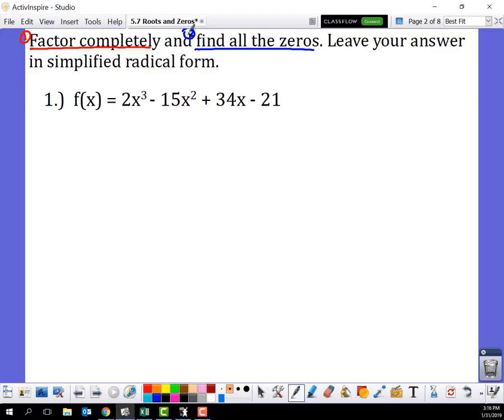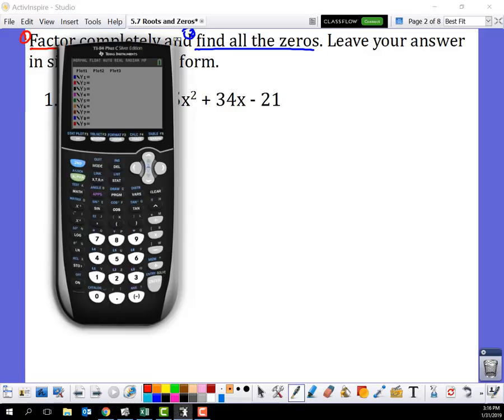The very first thing that you're going to do here is pull out your graphing calculator and graph this function.